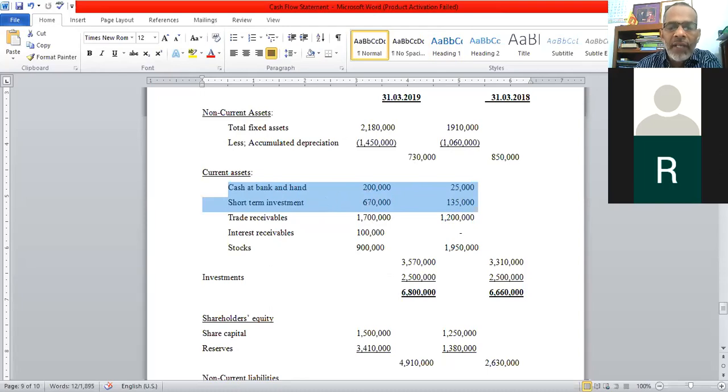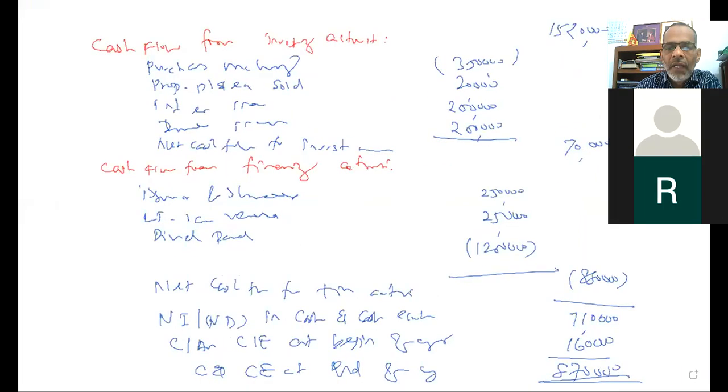Cash and cash equivalent, look here. Cash and cash equivalent 160,000, and at the end of the year it is 870,000. If you want, you can do the working there. I will do the working here.